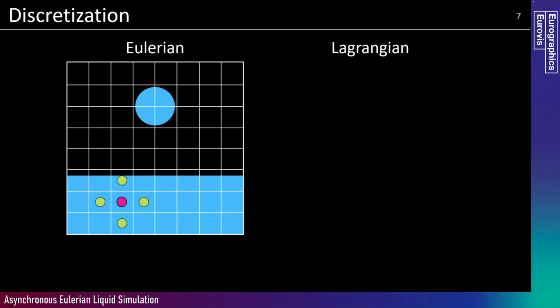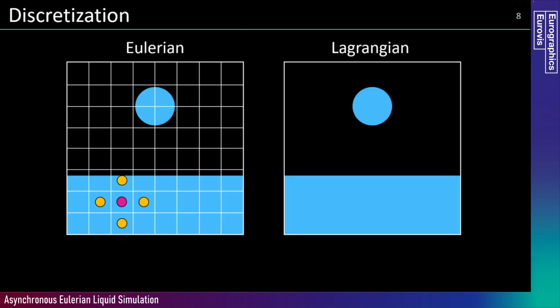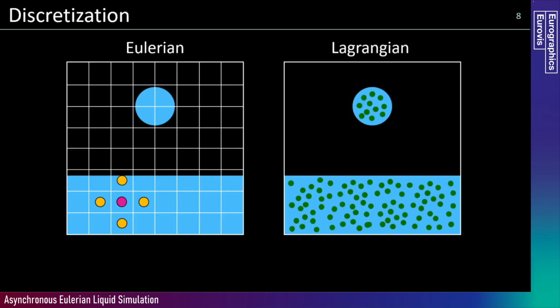We refer to the adjacent state values for calculation. The other one is the Lagrangian method. In this method, liquid is considered as an aggregation of particles. When we calculate values on a particle such as velocity or pressure, we use the values or distances from the particles around it.